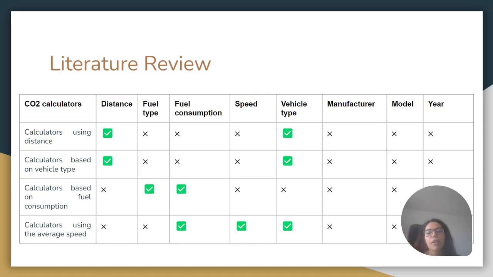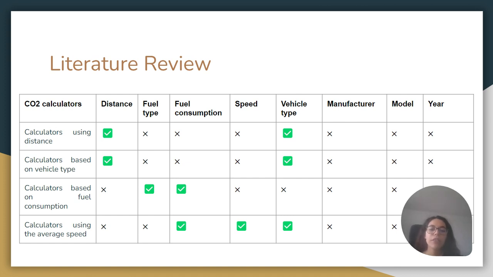Okay, hold on this table, please. It summarizes the key factors used by each category of calculators. For instance, the calculators using mainly the distance mainly use the distance and vehicle type along with other factors.